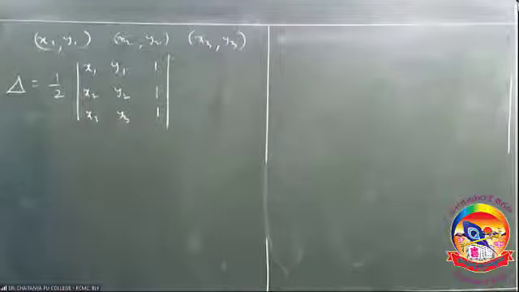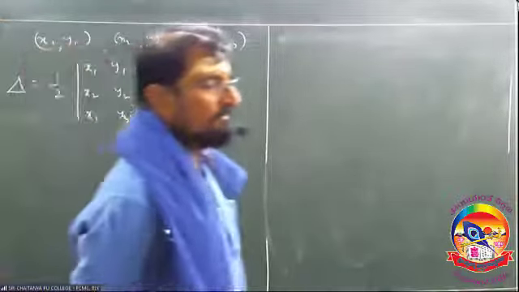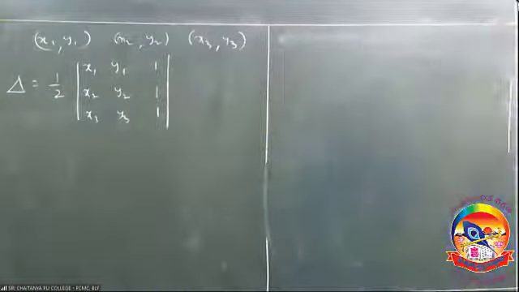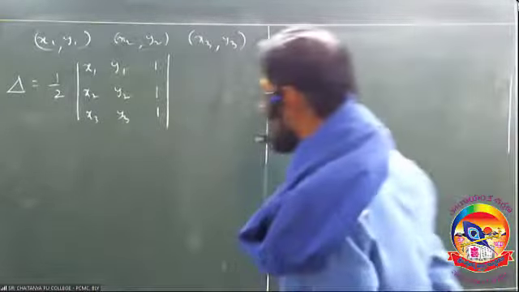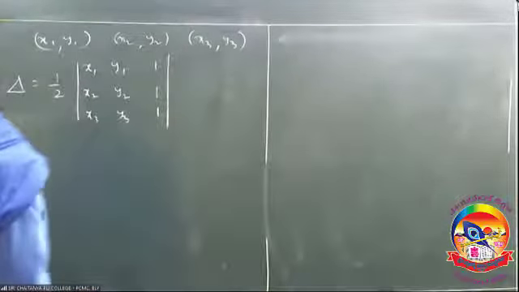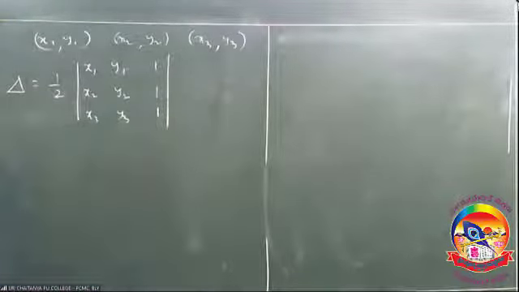Write down the area of triangle formed by the vertices of triangle A (x1, y1), B (x2, y2), C (x3, y3) is delta equal to 1 by 2 into the determinant of first row x1 y1 1, x2 y2 1, x3 y3 1.